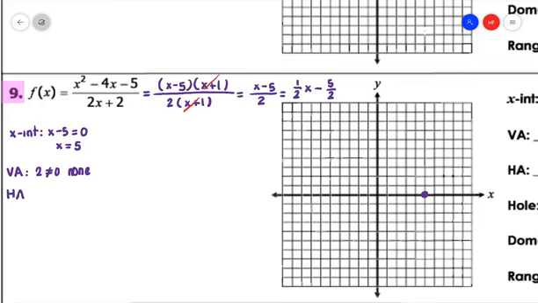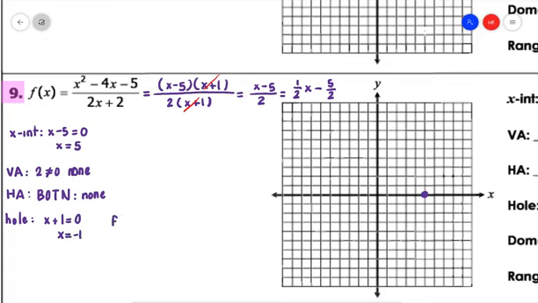Horizontal asymptote, we've got bigger on top, since there's a degree of 2 on top and then a degree of 1 on bottom, which means none. And then hole, since we crossed something out. If x plus 1 is the factor that was crossed out, we'll solve that for x.